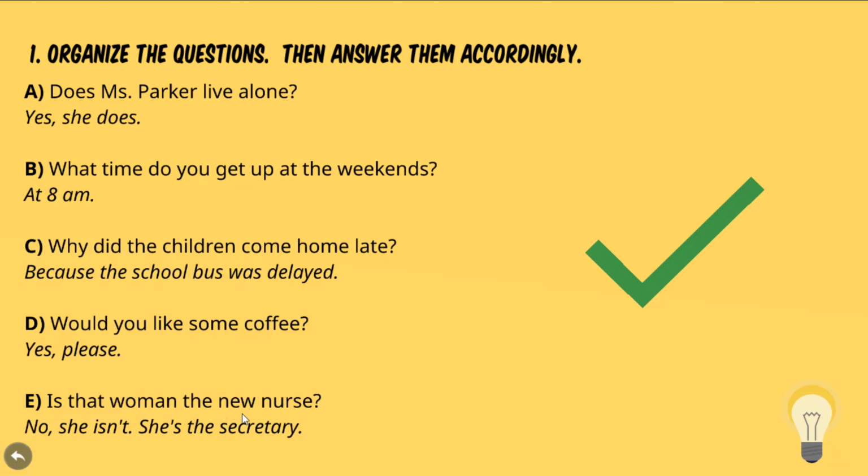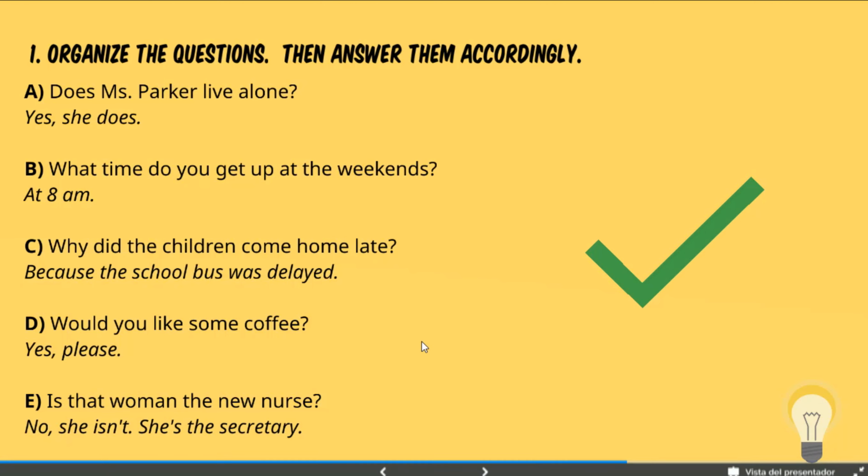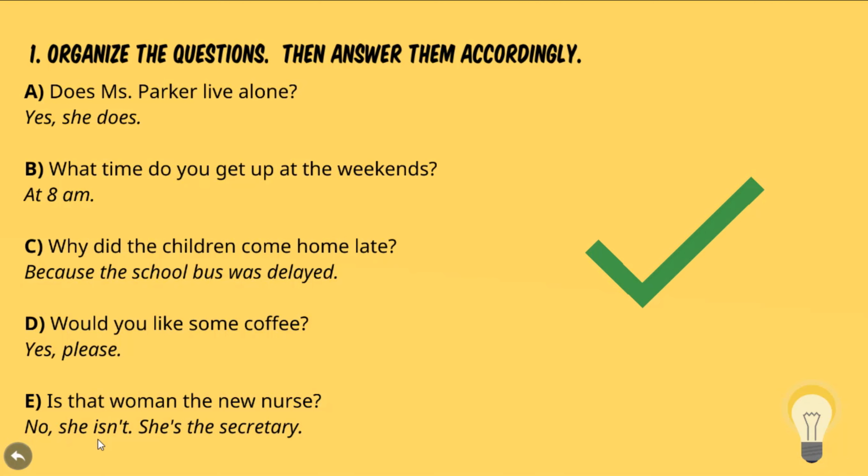Y si notamos acá no hay más verbos, porque ese es el verbo, esa es la acción, que si es o no es. Is, en este caso el sujeto es that woman y luego un complemento. Y como es pregunta cerrada, pues ahí sí uso el mismo auxiliar. No, she isn't, she's the secretary. Después del punto, aclaro en el mismo tiempo que es presente simple.